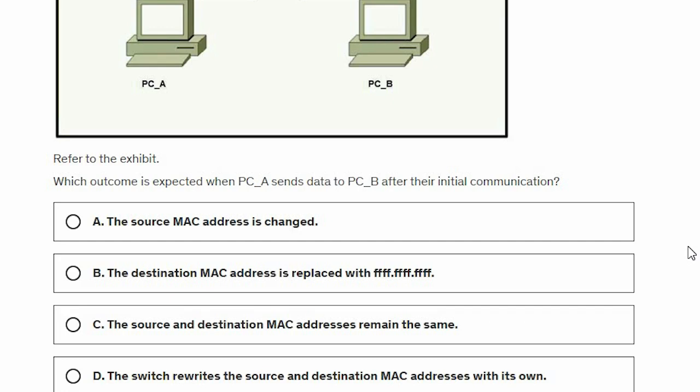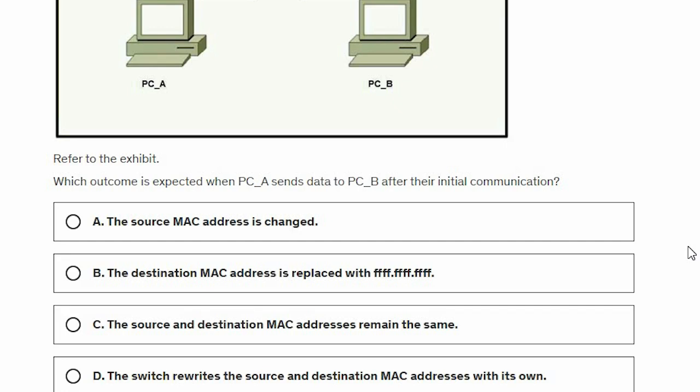A. The source MAC address is changed. B. The destination MAC address is replaced with FFFF.FFFF.FFFF. C. The source and destination MAC address remain the same.